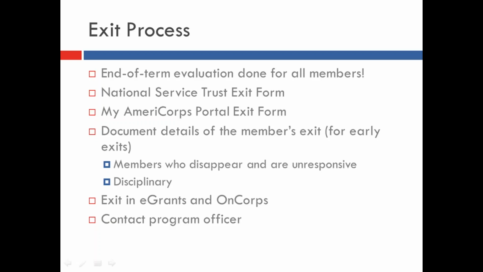CNCS put out a pretty simple Word document with some screenshots detailing how you can manually unlock the member exit form. We've also attached that as a handout to today's webinar, and it is also on Wigio. Highly encourage you to check that one out. That is a great specific piece of guidance for you.